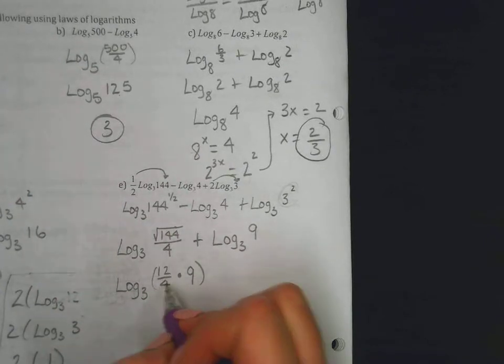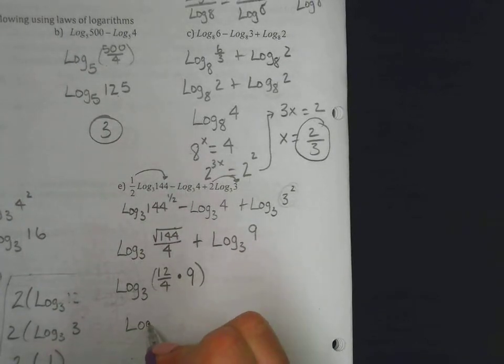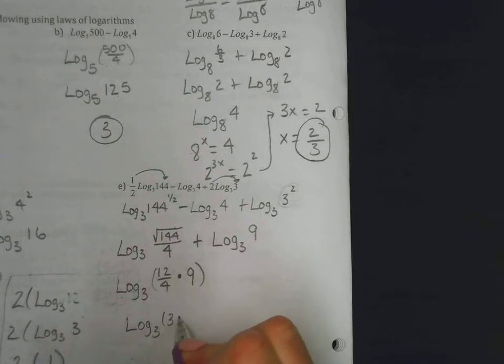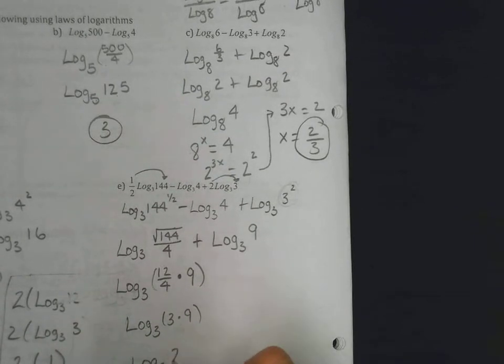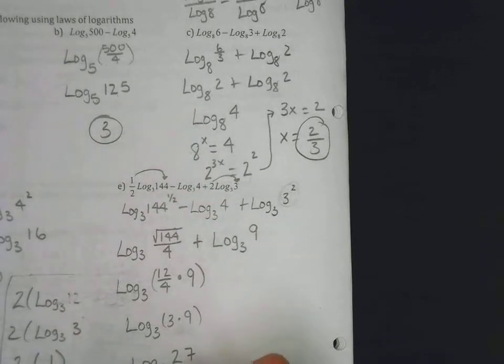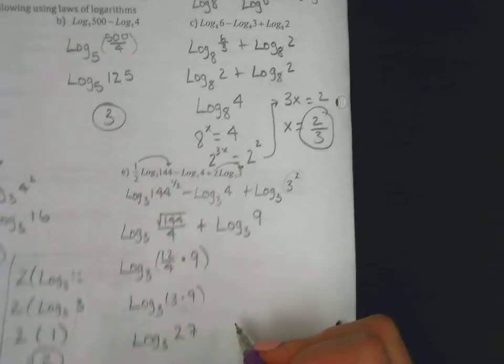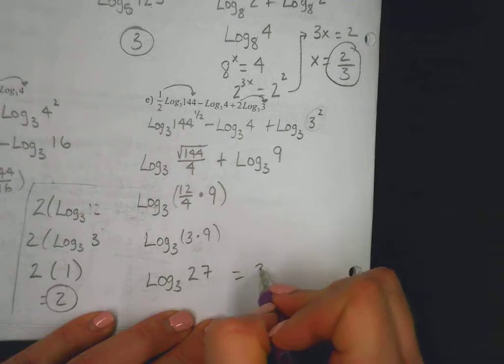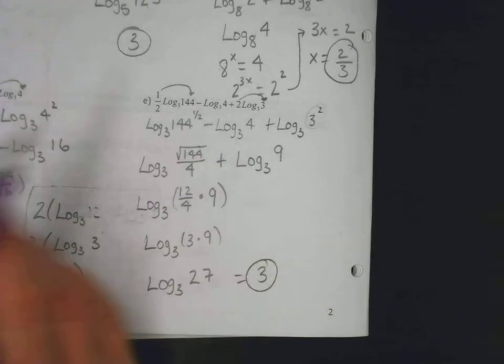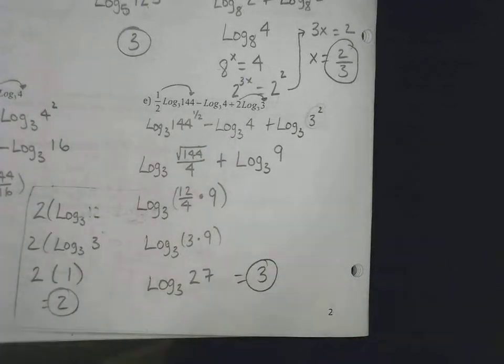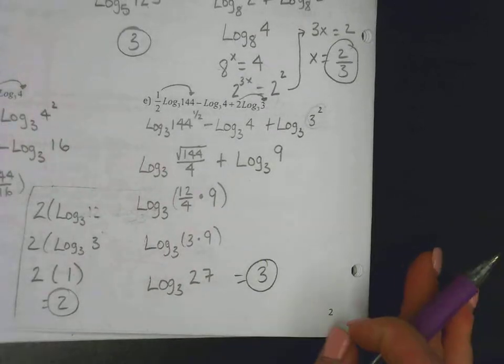So 12 divided by 4 is 3. So log base 3 of 3 times 9, we get log base 3 of 27. 3 to what power equates to 27? This is all going to evaluate to 3. Okay, so as you can see, we're using logarithmic laws here. We have to be fairly good at those expressions.